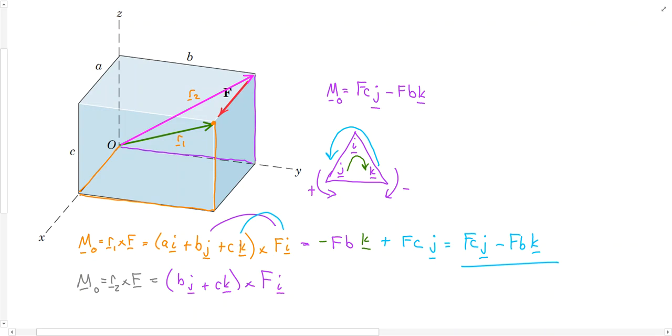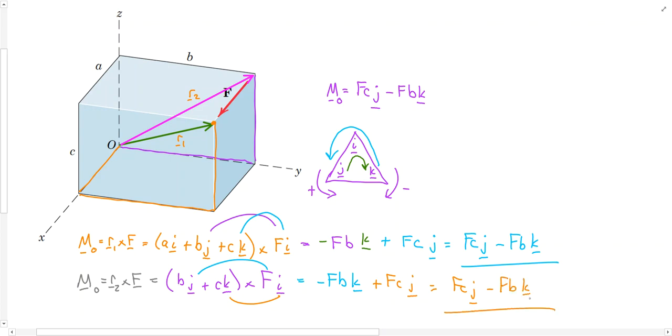And you'll notice that I really have the exact same thing I just did. So I have the j cross i term, which we've already written as a minus Fb in the k. And then I have the k cross i term which I've already written as Fc in the j. So I would get the exact same thing regardless of which way I did it.